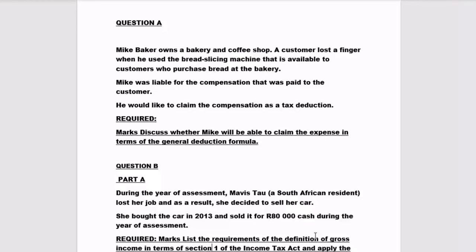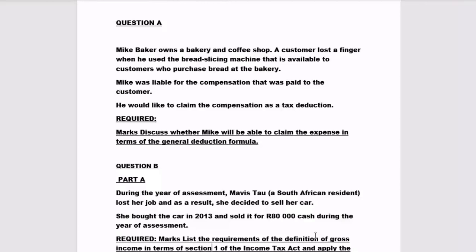So we'll just go to question A, which says: Mike Baker owns a bakery and coffee shop. A customer lost a finger when he used the bread slicing machine that is available to customers who purchase bread at the bakery. Mike was liable for the compensation that was paid to the customer. He would like to claim the compensation as a tax deduction.